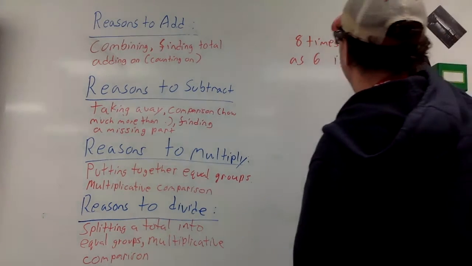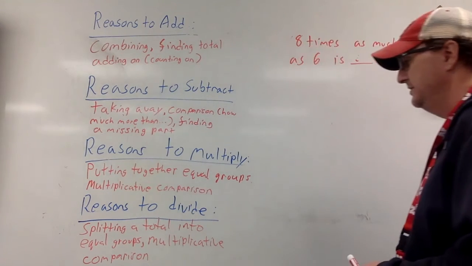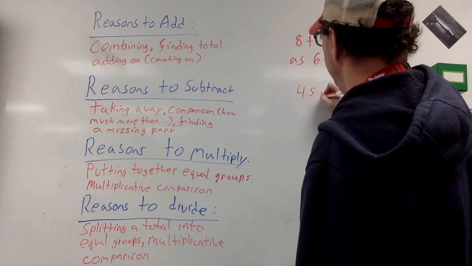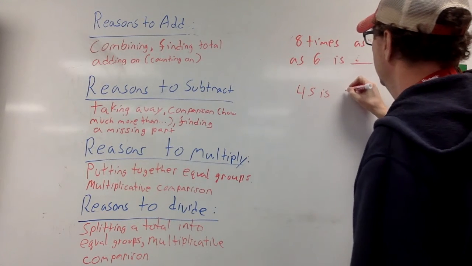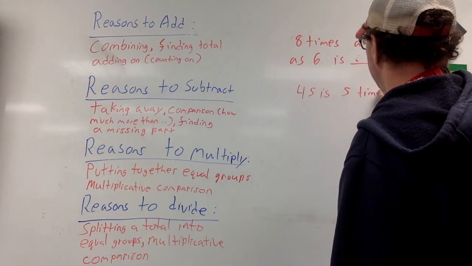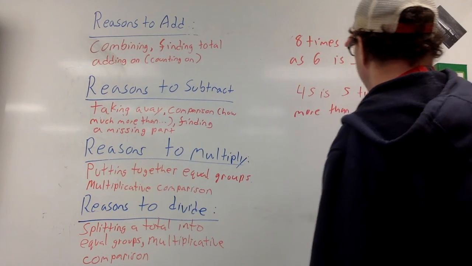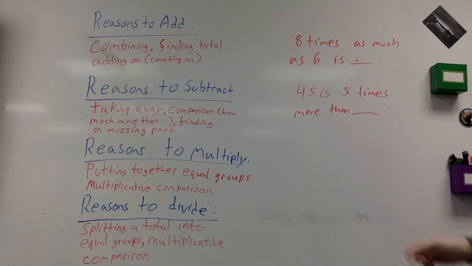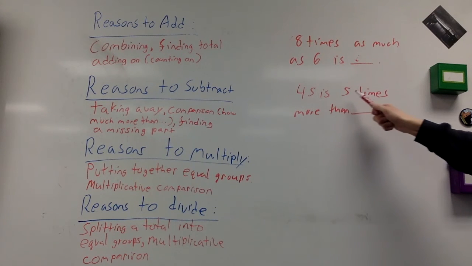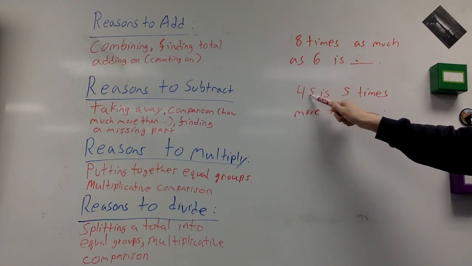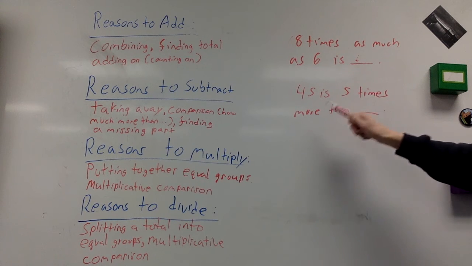But then it might be written differently, like this. Let's say we start with the larger number, like 45 is 5 times more than, and you're trying to find that number. Notice how it's worded differently. It's not 5 times more than 45. It's 45 is 5 times more than.